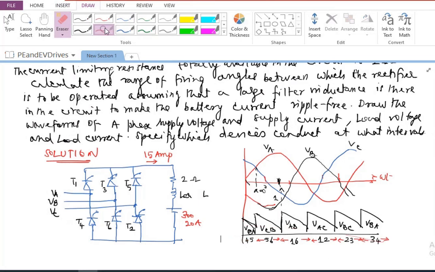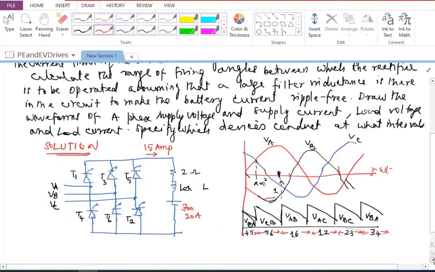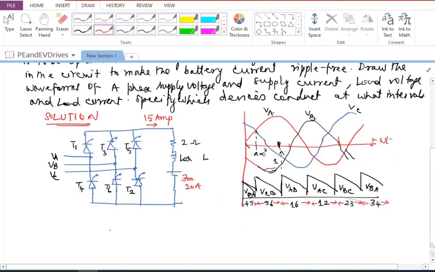So let us first of all try to write the expression corresponding to V load average. That is going to be, we derived this, if you may recall, from alpha plus pi by 6 to alpha plus pi by 6 plus pi by 3, that is pi by 6 plus alpha to pi by 2 plus alpha, averaged over pi by 3.